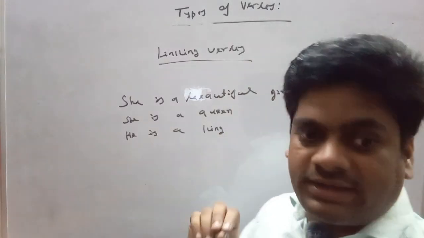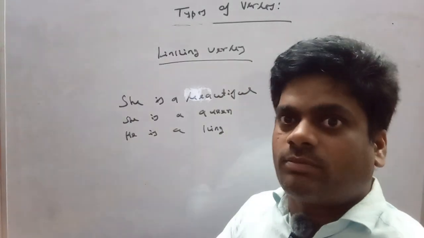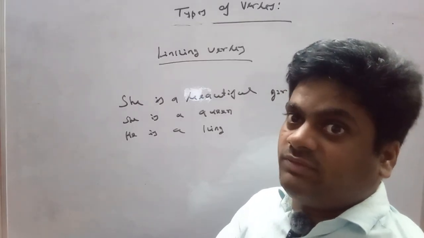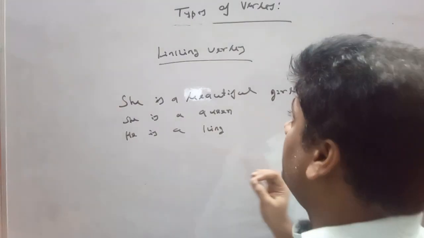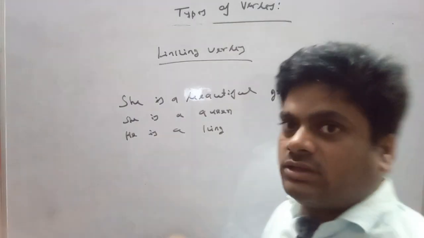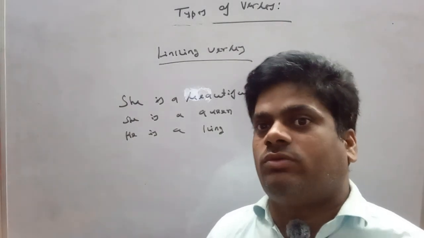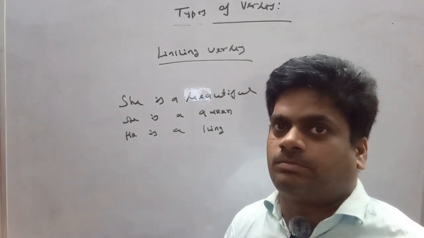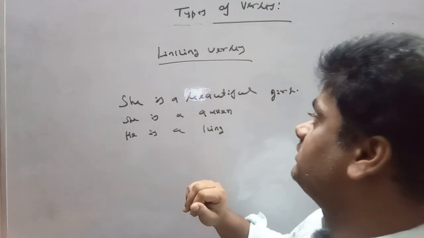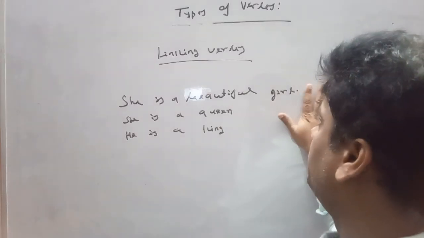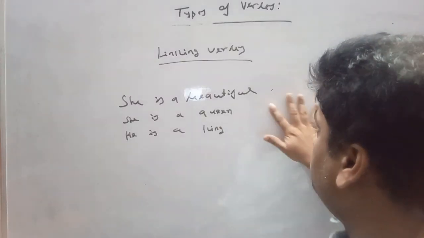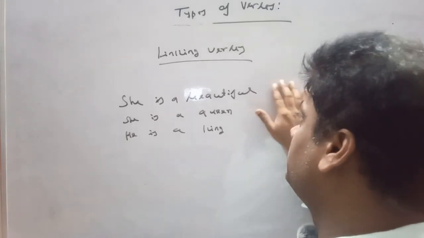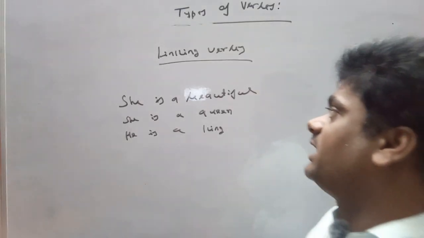In the lack of a noun, we cannot place an article with adjectives. Please remember, if an adjective is not supposed to have a noun in a sentence, we cannot place an article with it. If we remove the noun girl after the adjective, it cannot take an article.